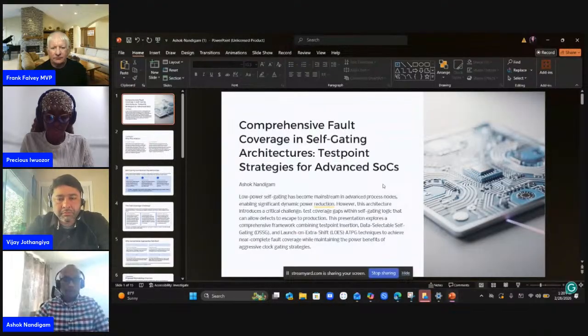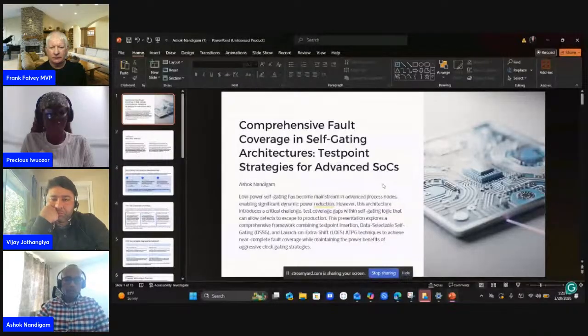So myself, Ashok Nandigam, I work at Samsung as a senior staff engineer in Austin, Texas. Today I'm going to present regarding a self-gating architecture, which talks about how we are reducing power using self-gating architecture and the challenges we have with the clock gating structures.